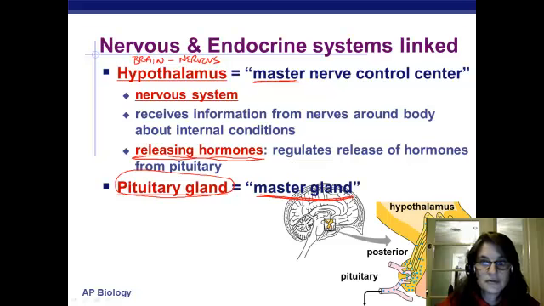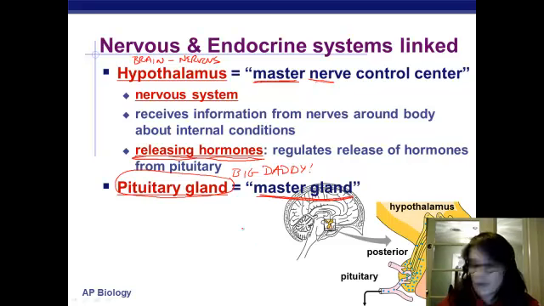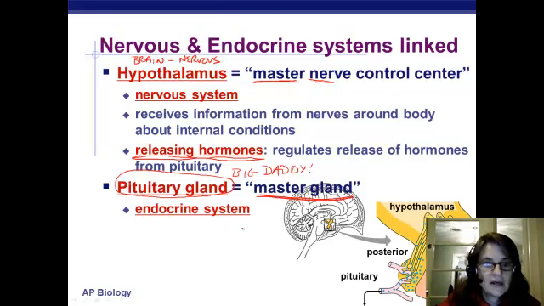It answers to this nerve control center up here, but as far as the endocrine system glands are concerned, this is the big daddy. He's the one that is most in charge. So this is the nervous-endocrine system connection, this hypothalamus-pituitary gland link.